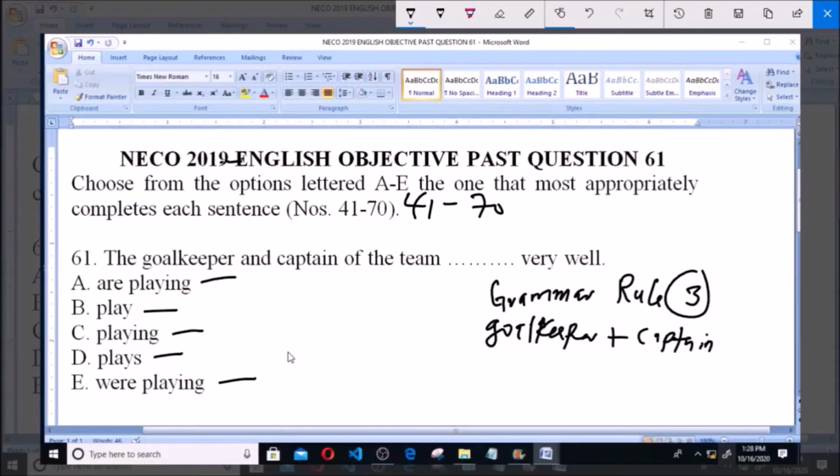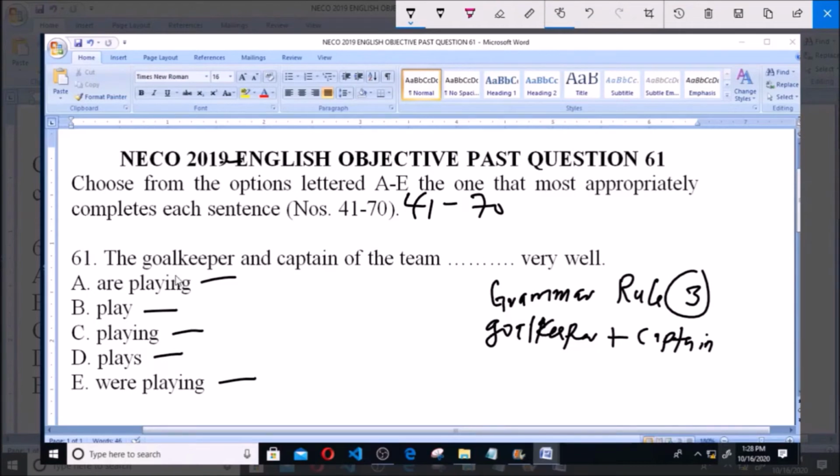So I actually expect that the examiner who set this question to add what we call played. But now, since we have option A, are playing, it cannot be the correct option.